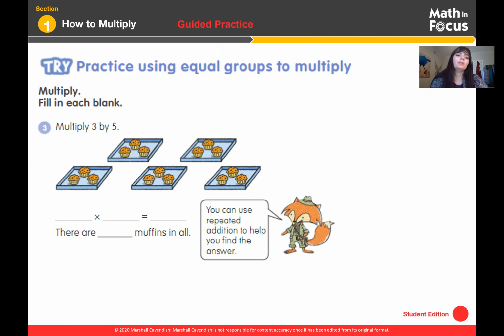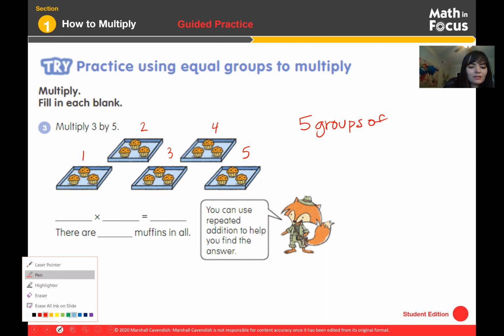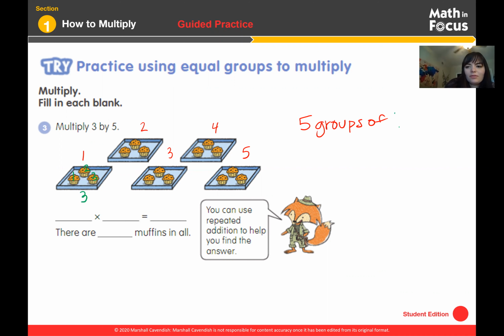It says multiply 3 by 5. So remember, what I love us to do is to write our groups on top of our groups. 1, 2, 3, 4, 5. So we have 5 groups of, and let's find what's in each. 1, 2, 3 of 3.